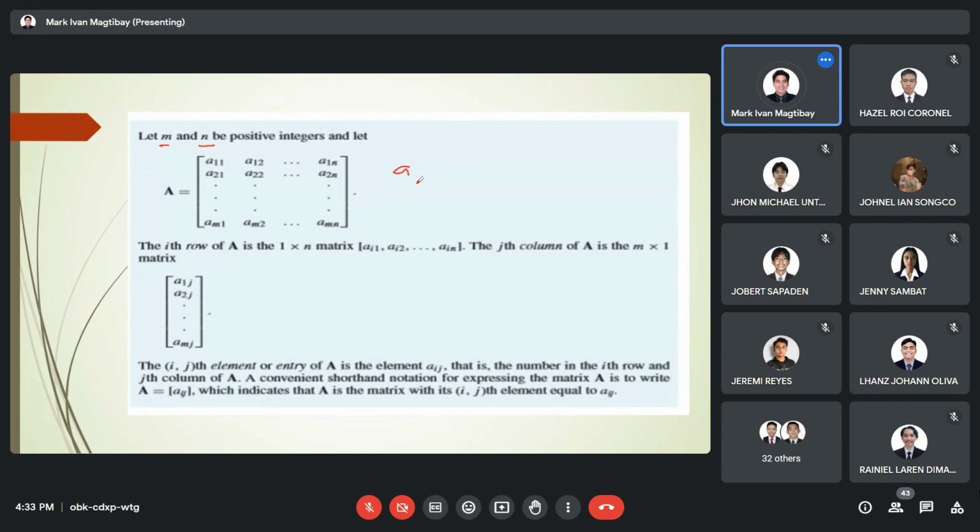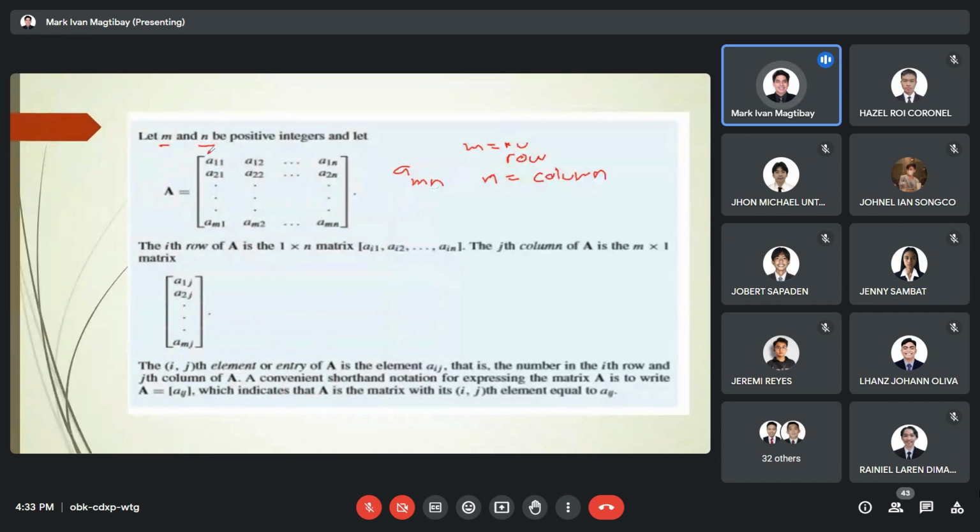And then, yung number po sa baba niya is yung kanyang row and then yung kanyang column. M being row, N would be column. Okay? So, a sub m n po.